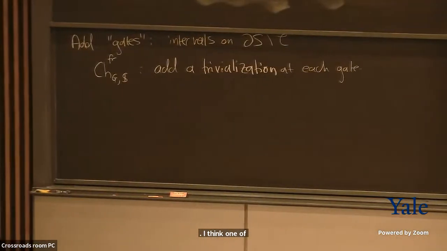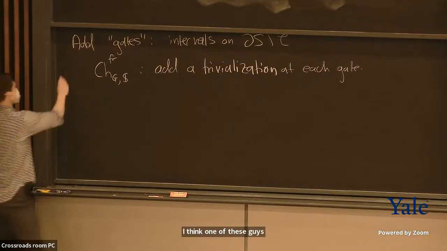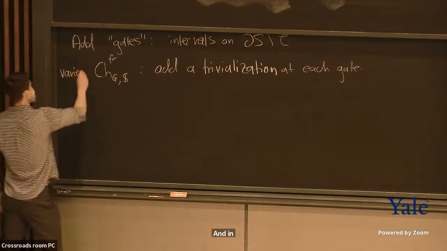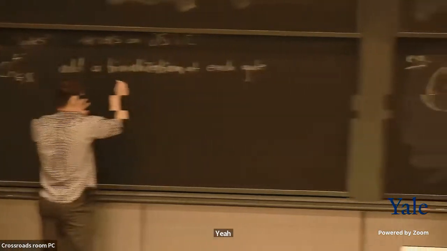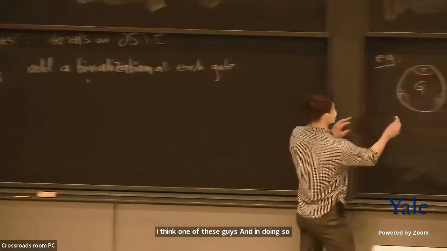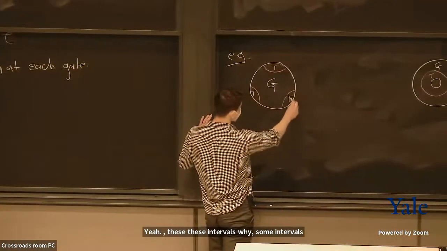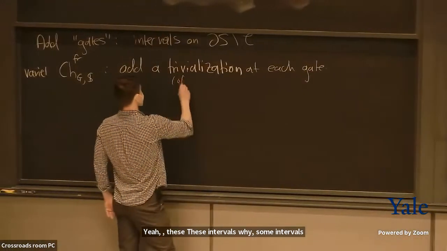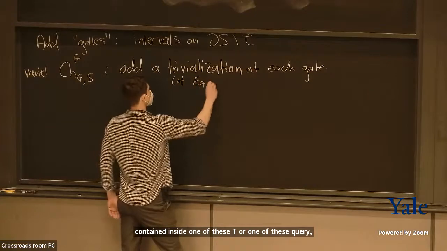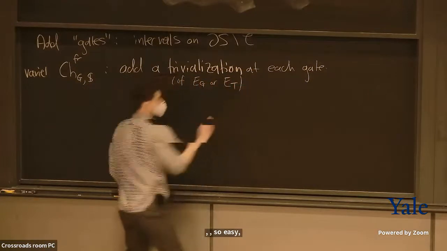Okay. And in doing so, these intervals lie inside one of these T or one of these G regions, boundaries of one of these T regions. So it's a trivialization of EG or ET, depending on where the interval is.